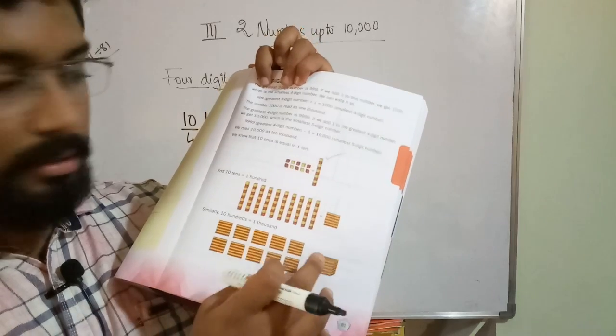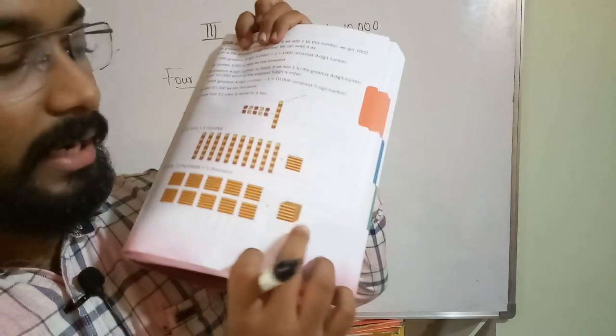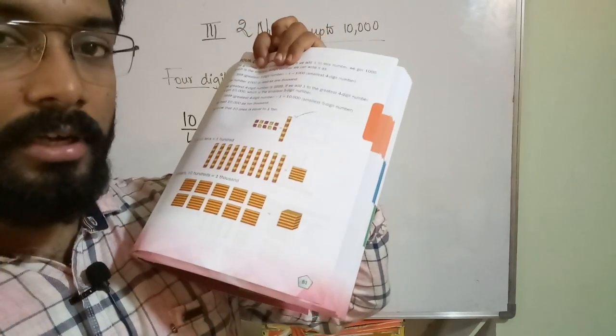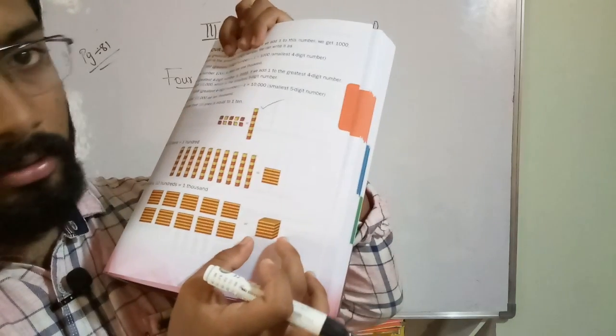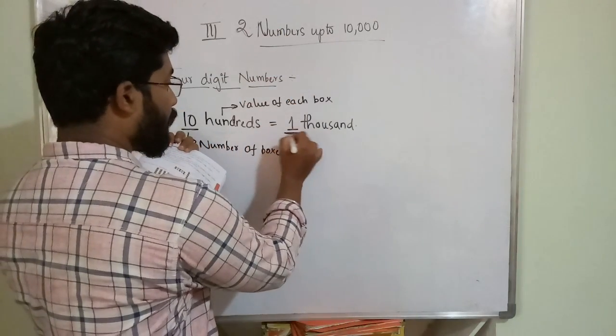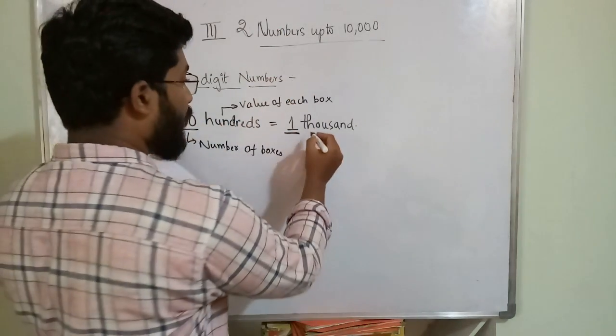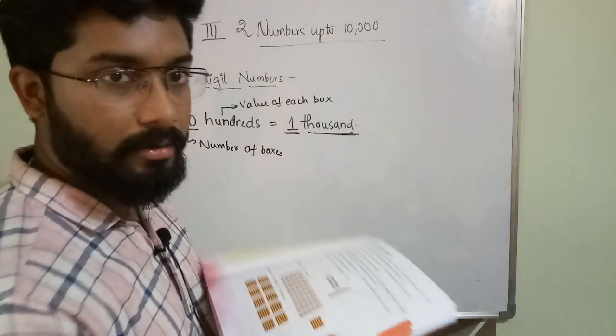Combinedly, what will we get? If we combine all this, you will get a cube. The cube's value is how much? Only one cube is there and the value of that cube is 1000. Like this you have to understand, okay?